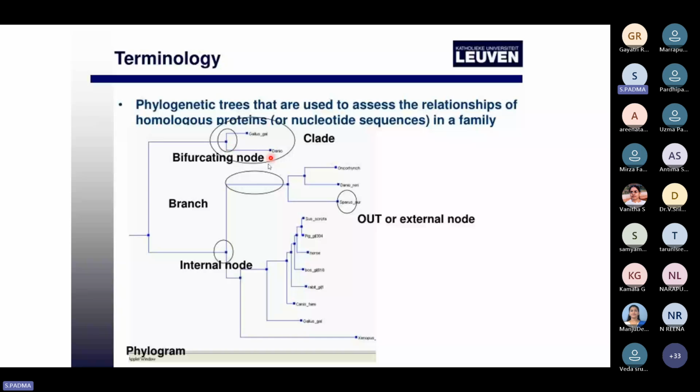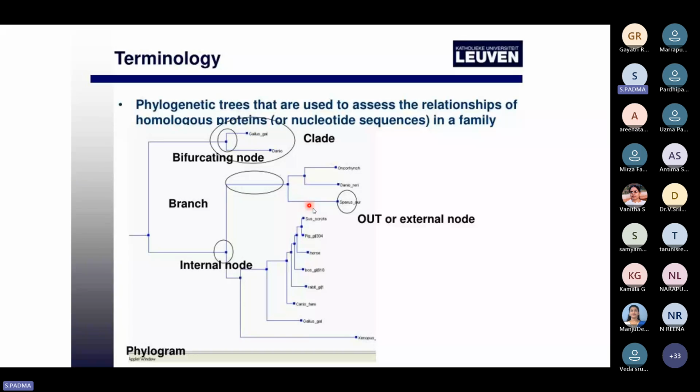We will see. You have to remember that every depiction in a phylogenetic tree gives you some kind of information about the relationship between the species, right? One we have seen is a bifurcating node. Another one is the internal node. Internal node means this node is going to give rise to some other nodes. All these are internal nodes.